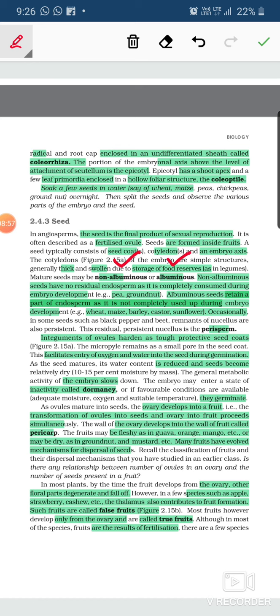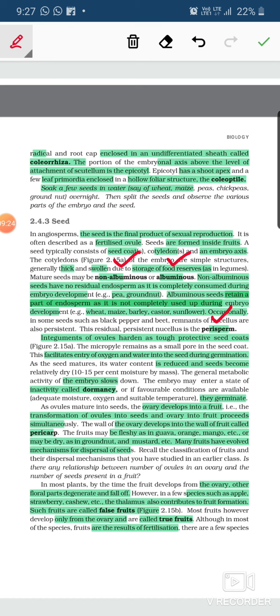Non-albuminous is where the endosperm is completely consumed, and albuminous is where the endosperm remains retained. It is not completely used up, but it is present. Next, we have read about the term perisperm. Perisperm means the type of ovule in which the nucellus also persists. The residual nucellus is also present, so that is the perisperm.